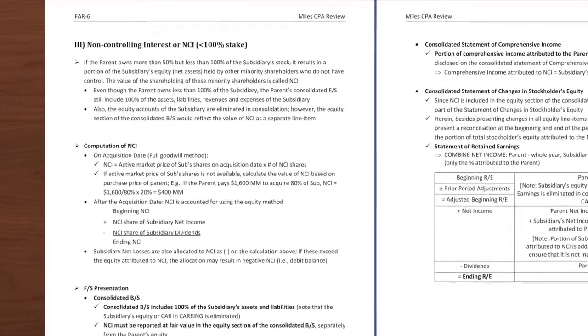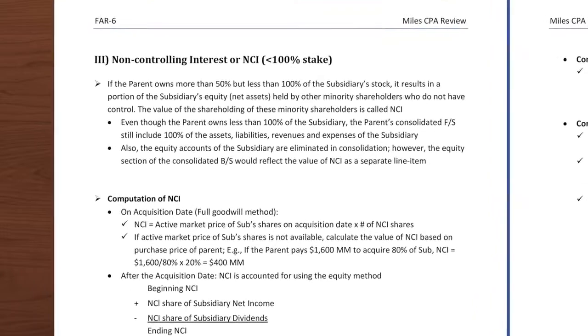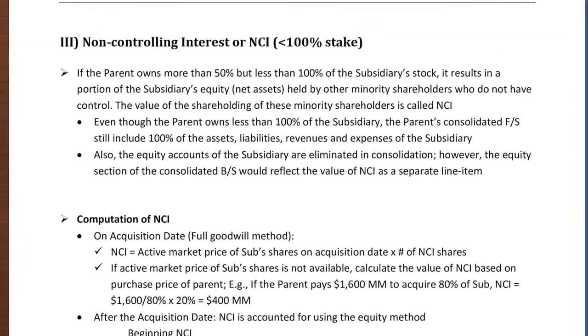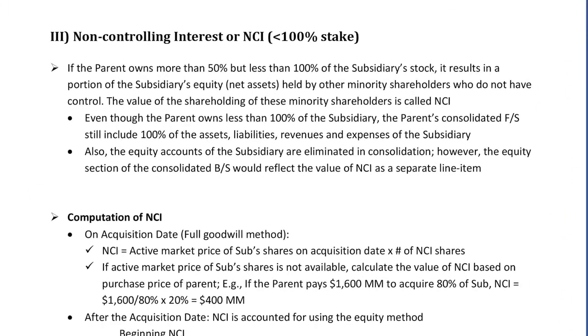Now turn back a couple of pages and get to page 10, where we're looking at non-controlling interest, which is created when the parent acquires more than 50% but underline less than 100% stake. Highlight computation of NCI, and we know on acquisition date use the full goodwill method.